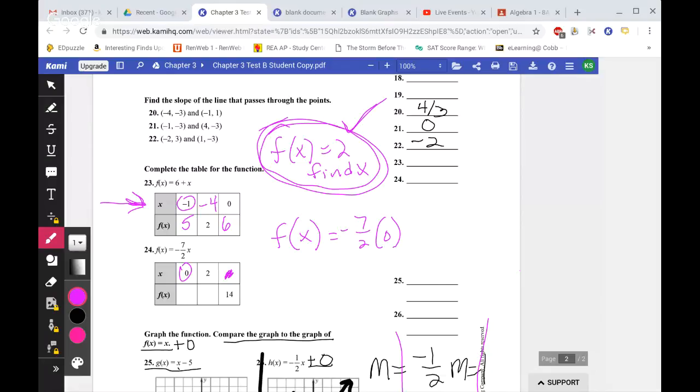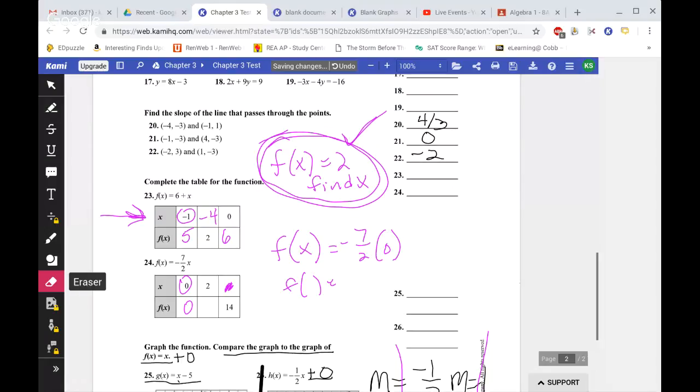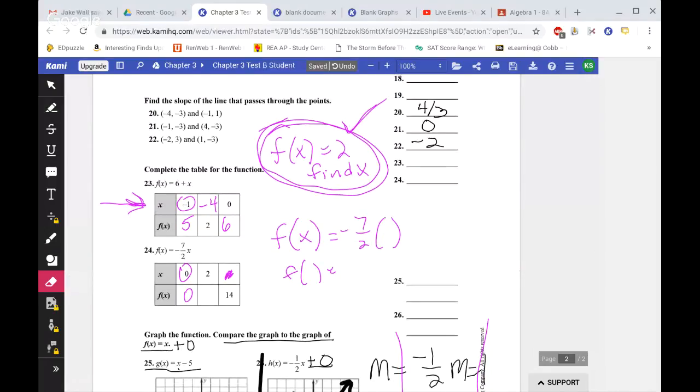So that's just 0. So that's 0. And then, oops, that was supposed to be 0. And then we have 2. So they really weren't that bad.